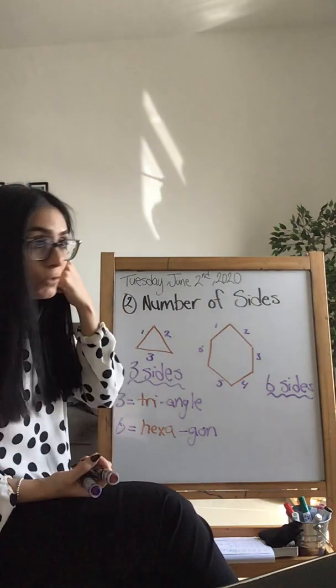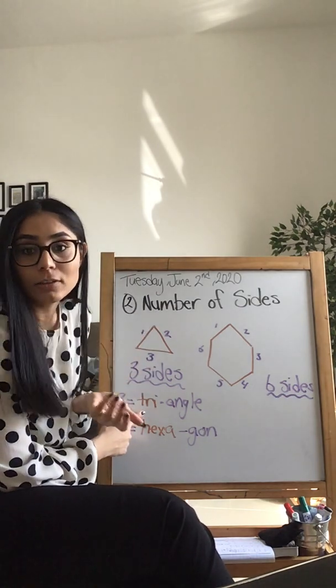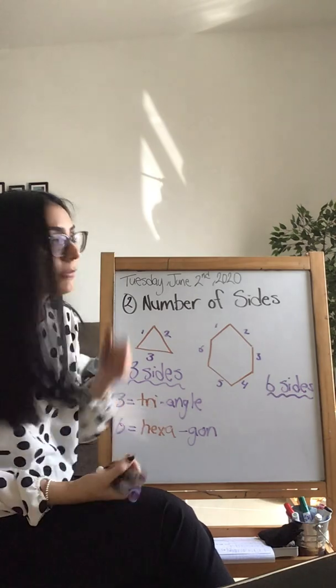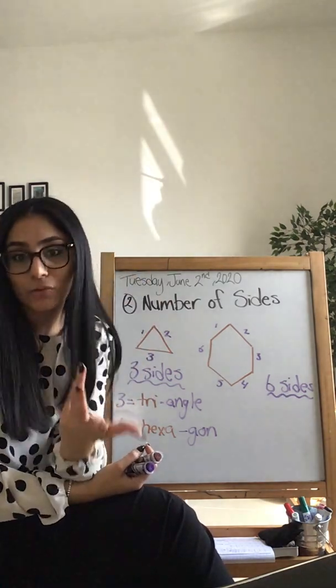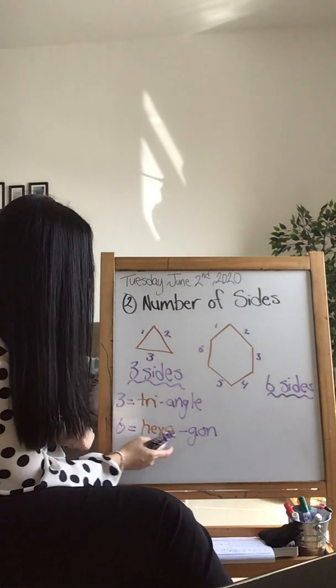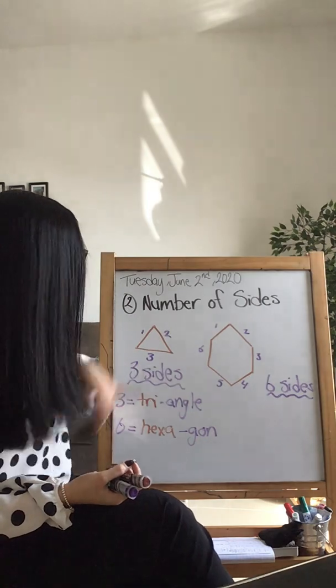So a triangle, maybe you knew this before, maybe you didn't. The tri, T-R-I, means 3. In English, tri means 3, like duo means 2, tri means 3. Hexagon, H-E-X-A, hexa means 6. That's why this is a hexagon. This is a triangle.